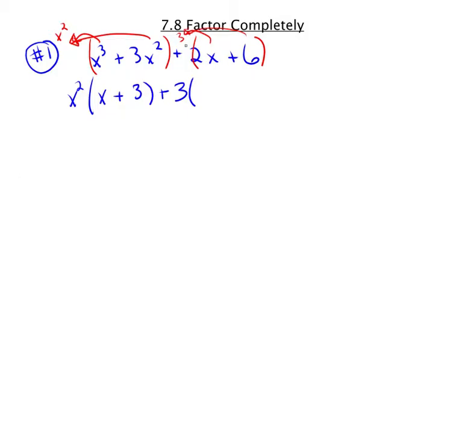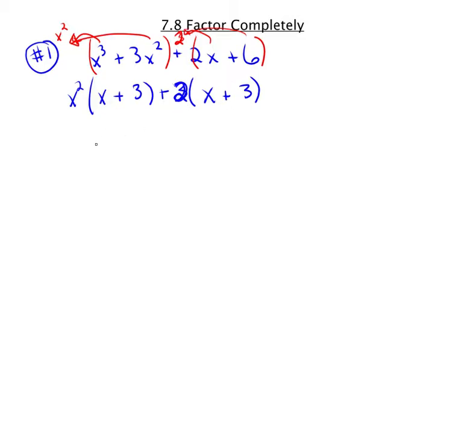I'm thinking a 2, and 3 is in my head for this last term, so this should be a 2 as a common factor. I always kind of do that. I think about the other one that I'm factoring out. So 2 divided out of 2x would be x left over, and 2 divided out of 6 would be 3, or you can think of it as 2 times x is 2x, and 2 times 3 is 6.